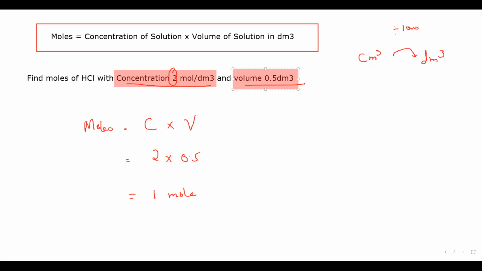The concentration of the solution in this example is 2 and the volume of the solution is 0.5. So when 2 is multiplied by 0.5, what do you get? You will get 1 mole of the substance. So for the second formula of the moles, we multiply the concentration with volume.